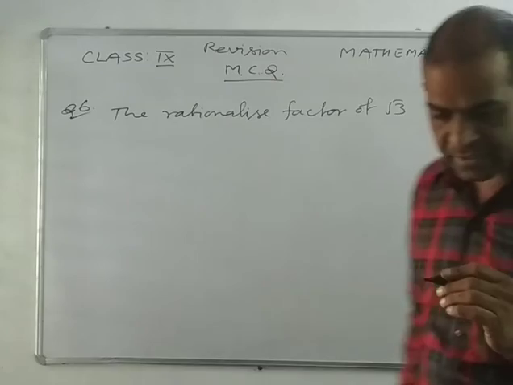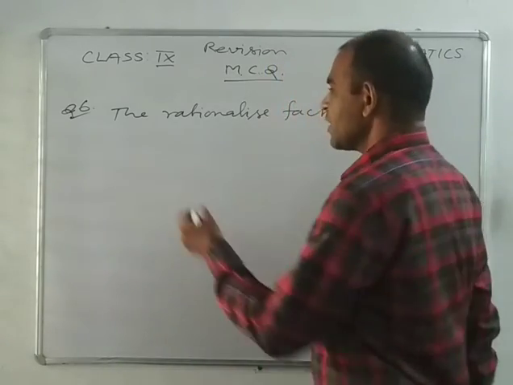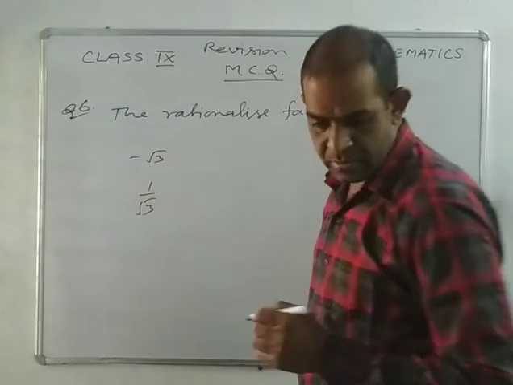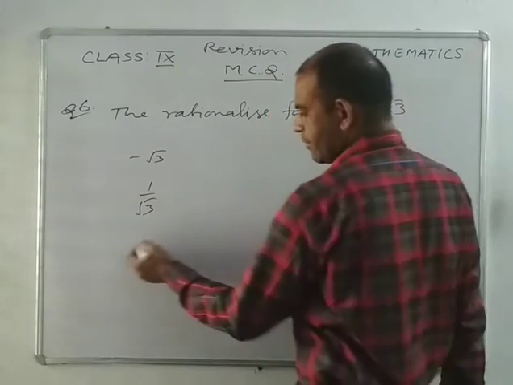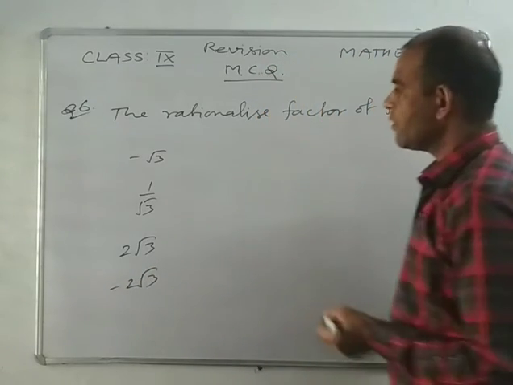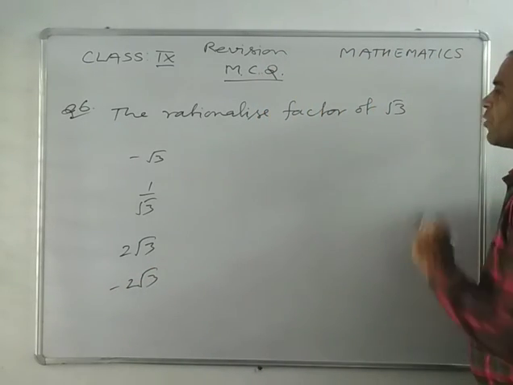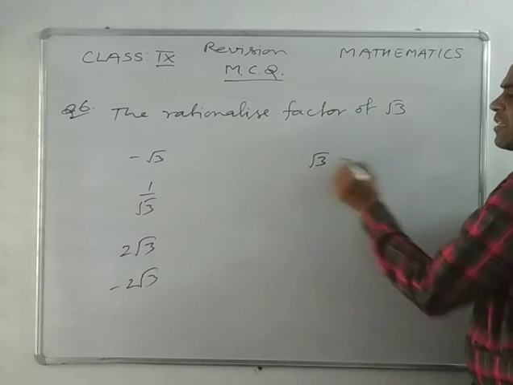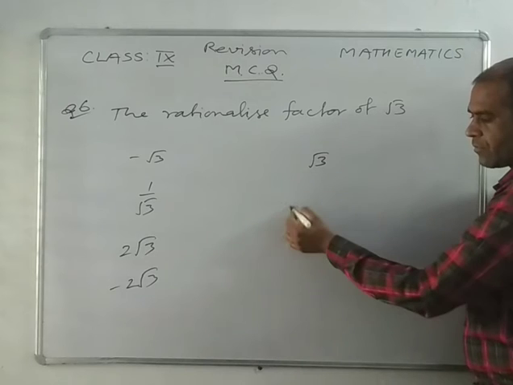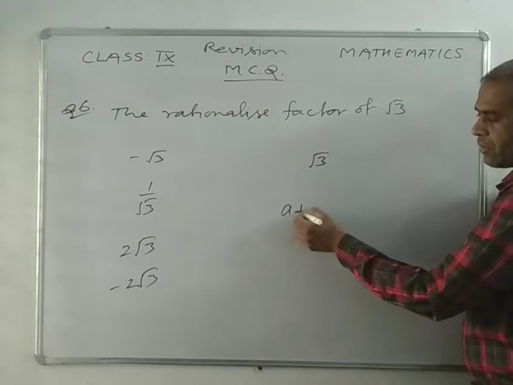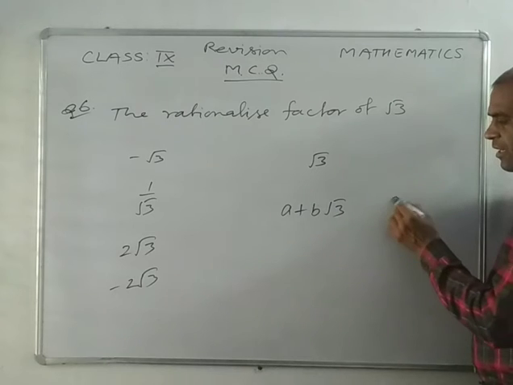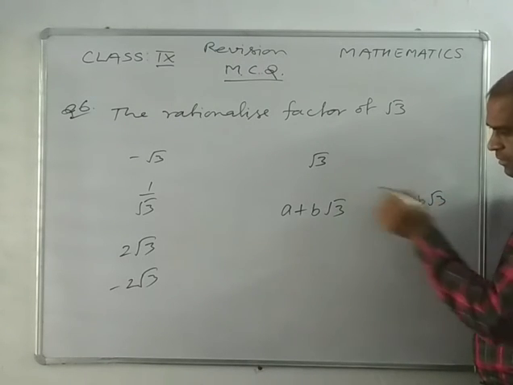Options are -√3, 1 upon √3, 2√3 and -2√3. And we should determine the rationalized factor of √3. In the rationalization, a plus b √3, its rationalized factor is a minus b √3.